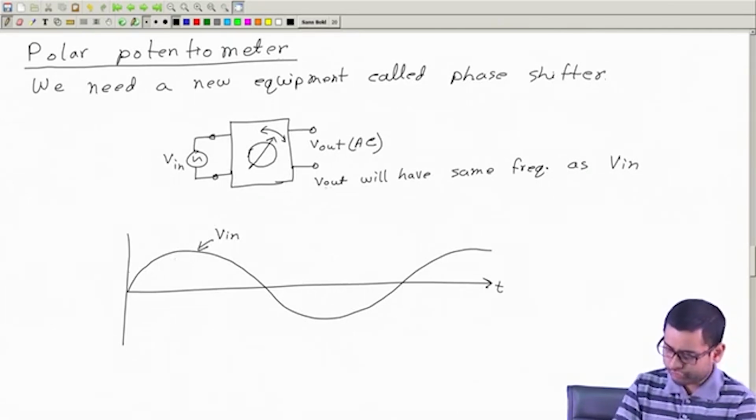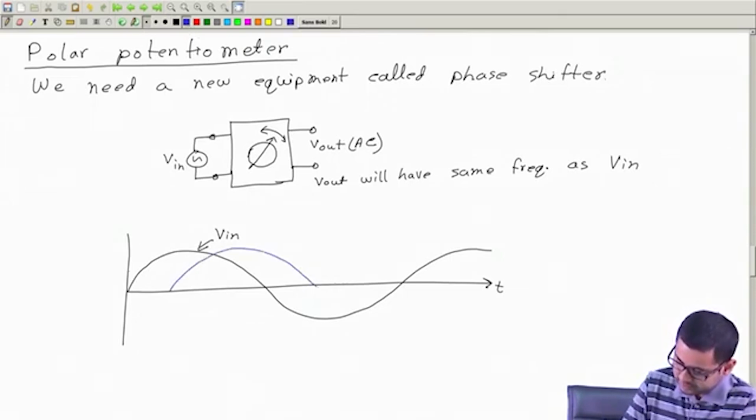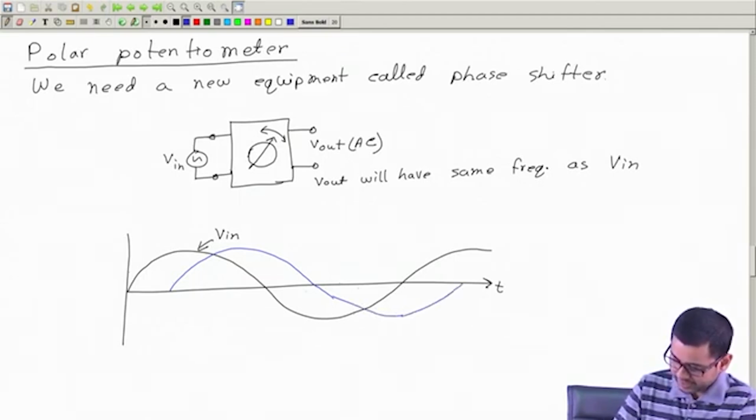V out will of course have the same frequency, but need not have the same phase as V in. So, V out can have a delay like this.